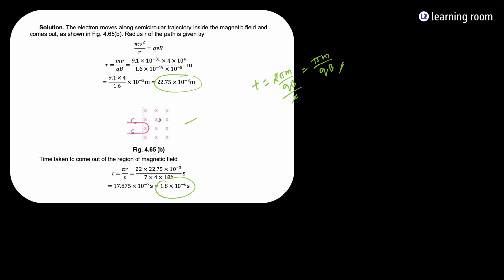And this is the diagram they are expecting. If it were to complete a circle, it would have been inside. But it is not completing the circle, it is completing only a semicircle.